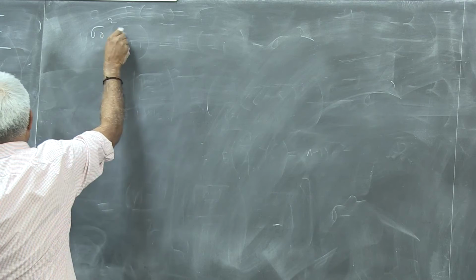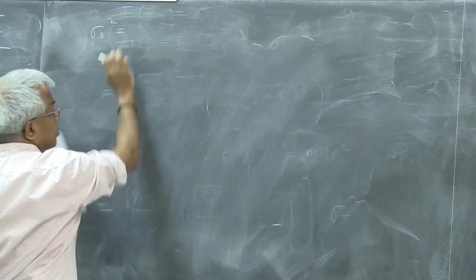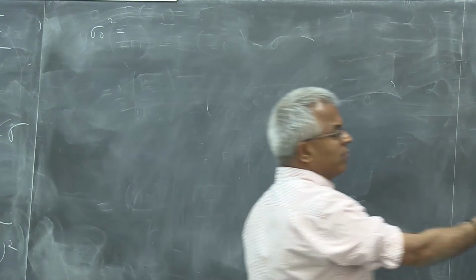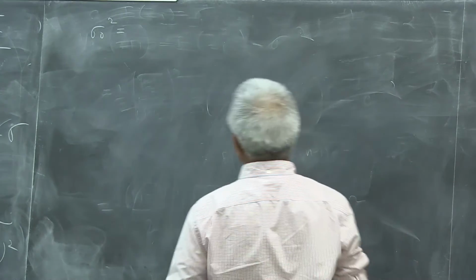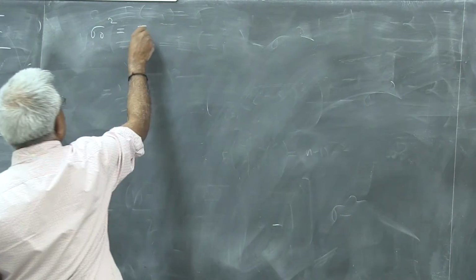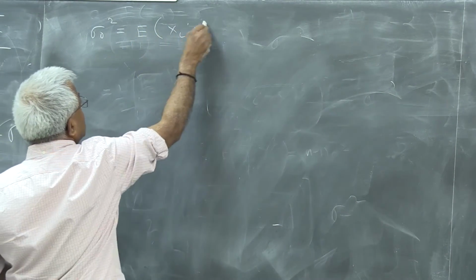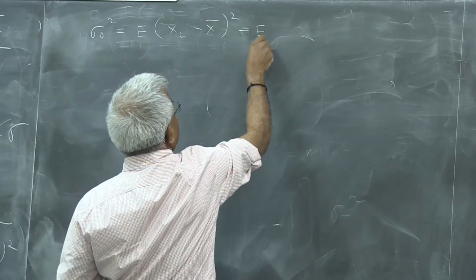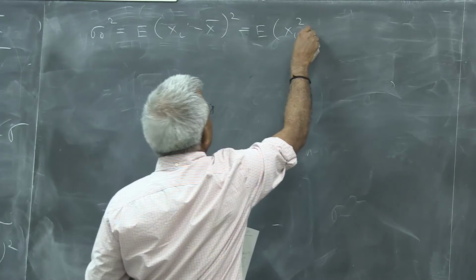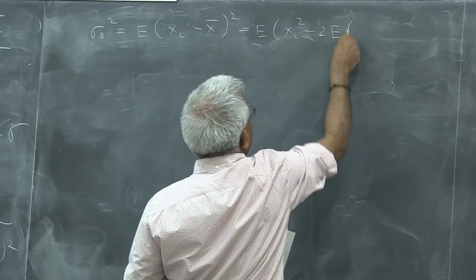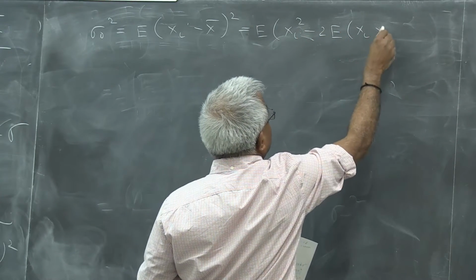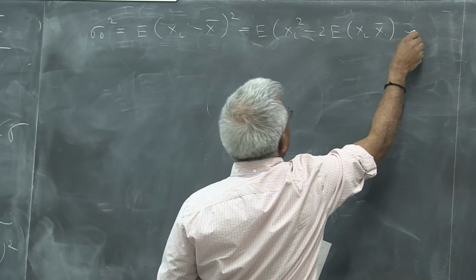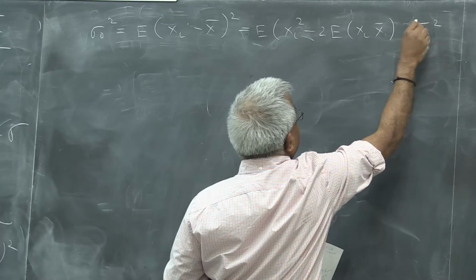So sigma naught squared is, remember this random variable is zero mean, so it's simply the expected value of the square of that random variable, (xi minus x bar) squared. So that's going to be the expected value of xi squared minus 2 xi x bar plus x bar squared.